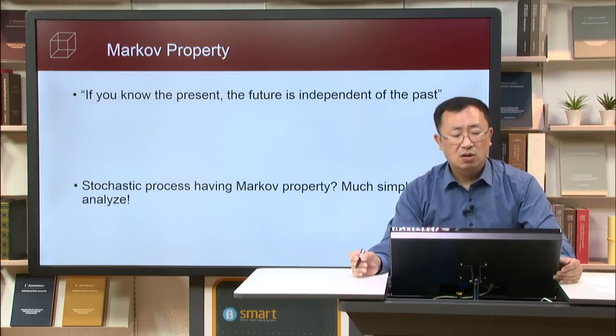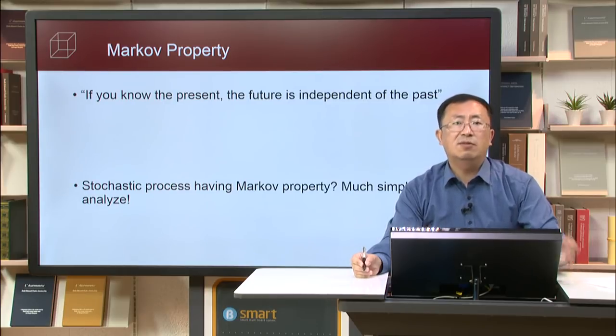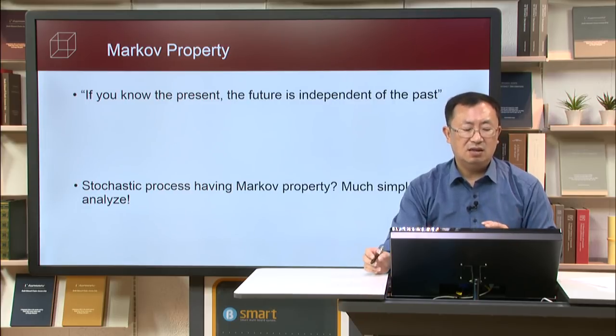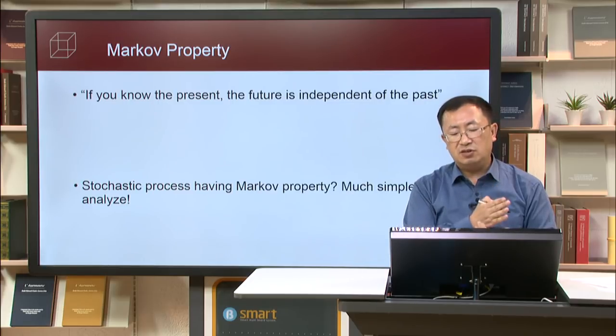Right, so let's take a look at the basic important concept called the Markov property. The Markov property simply says, if you know the present, the future is independent of the past.